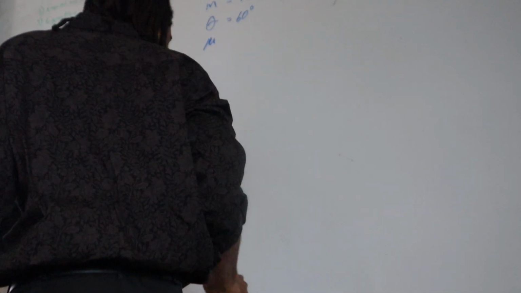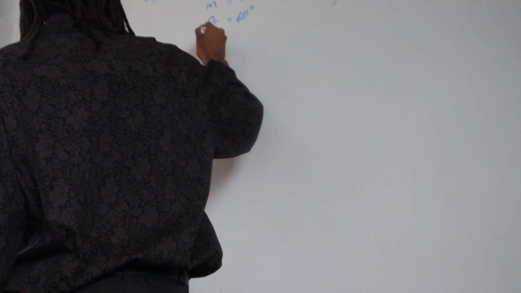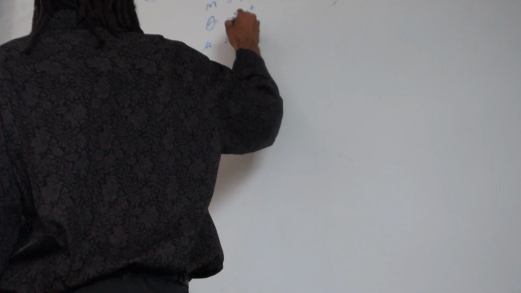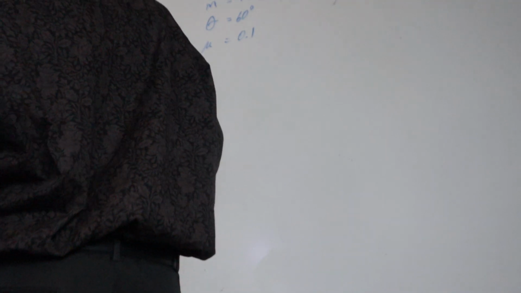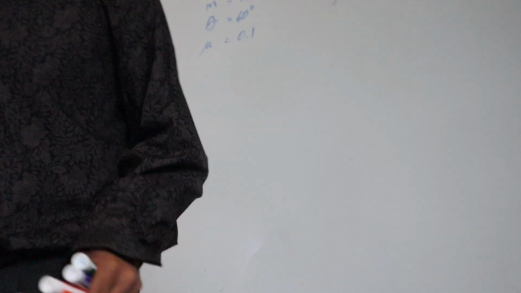Coefficient of friction is that mu, 0.1. And how much work is done by friction? So and then going to our equations, chapter 7.